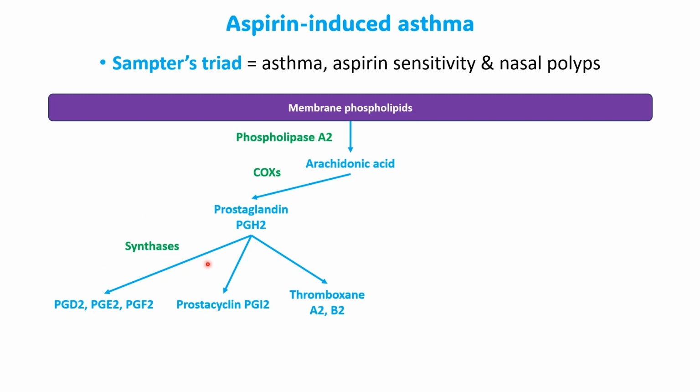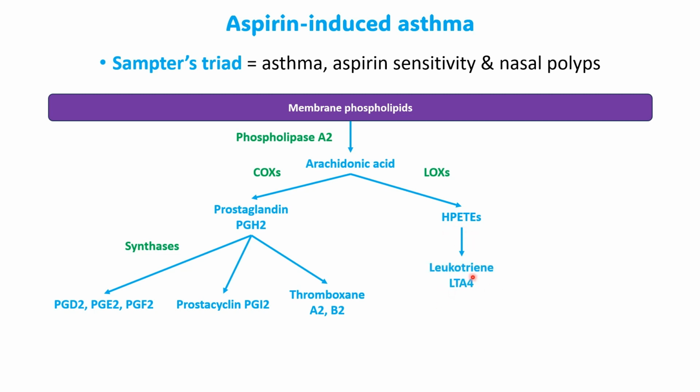Okay, arachidonic acid can also be converted to intermediates. This is a very long name which you don't actually need to know, but it can be converted to these intermediates, HPETEs. You can look up the name for yourself if you get a chance. And this is done by LOXs, so LOXs are lipoxygenase enzymes. So we have our HPETEs, it's a bit of a mouthful, which can then be converted to leukotrienes.